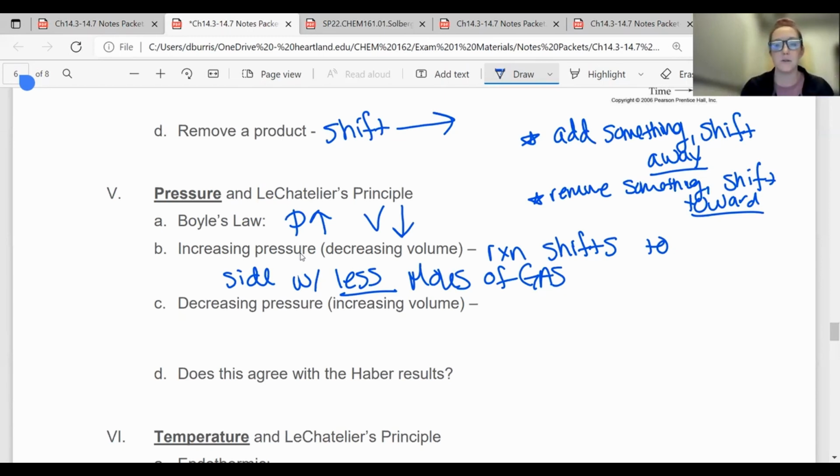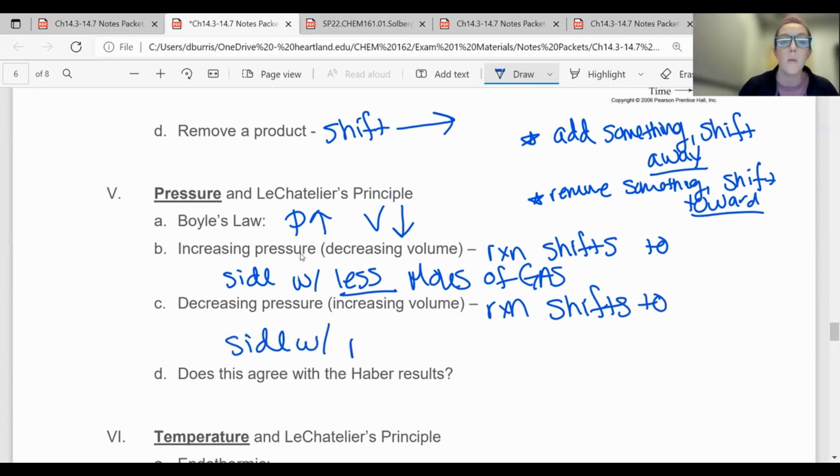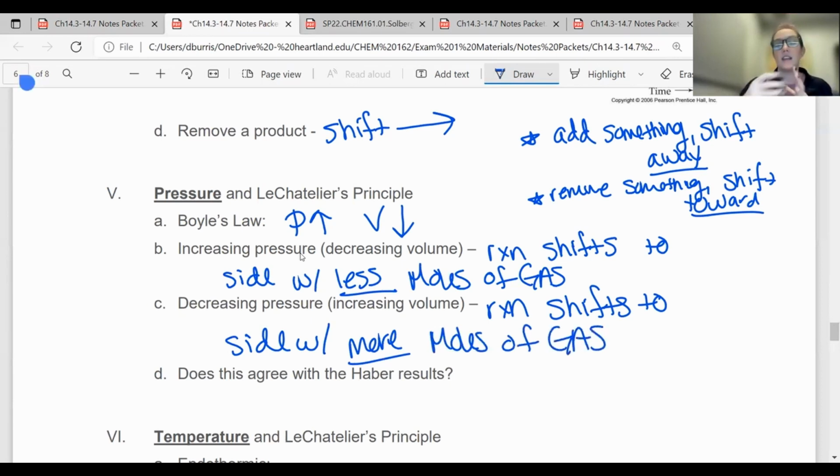So it wants to have as few particles as possible. Whereas if you gave it a bunch of space, it's going to want to fill that space. So if I decrease the pressure by increasing the volume or giving it more space, the reaction is going to shift to the side with more moles of gas. Okay, so if it has more space, it's going to shift in whichever way will fill that space.